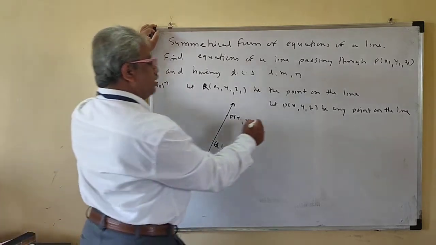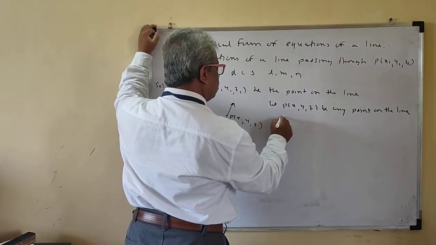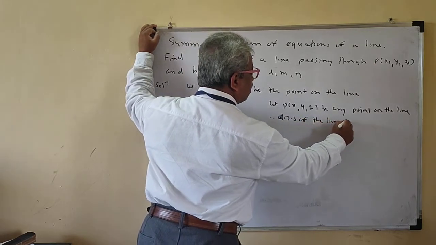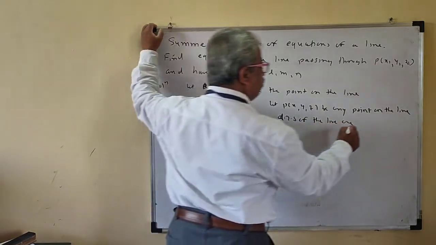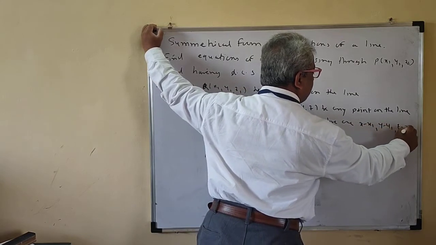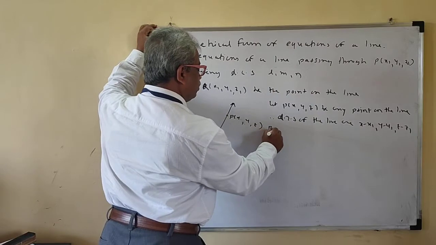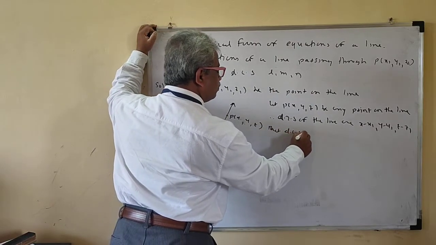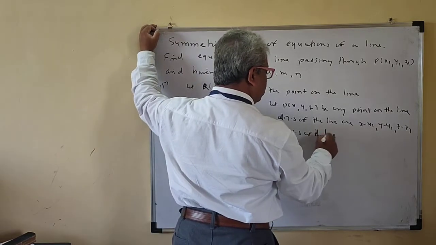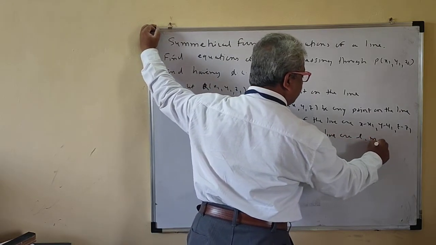Then the DRs of the line are x minus x1, y minus y1, z minus z1. But the DCs of the line are l, m, n.